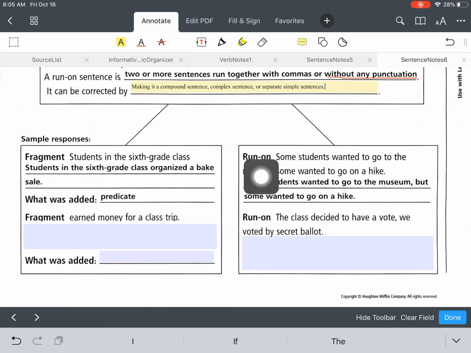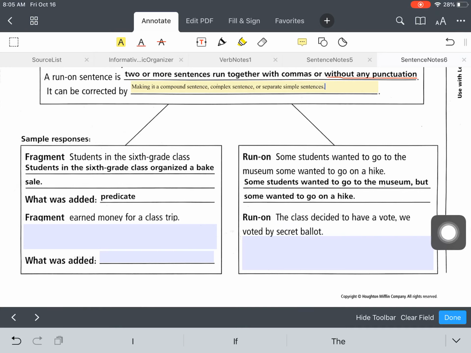Okay, now coming over here to the run-on example, they say some students wanted to go to the museum, some wanted to go on a hike. So that's two sentences that have been crammed together with no punctuation, no fanboys, no subordinates. So what they did was they said some students wanted to go to the museum, comma, but some wanted to go on a hike.